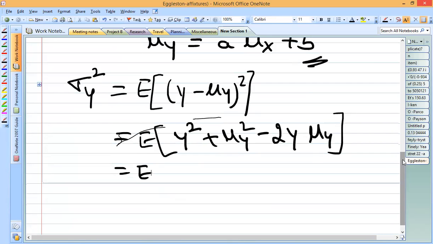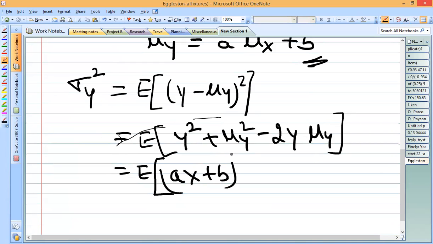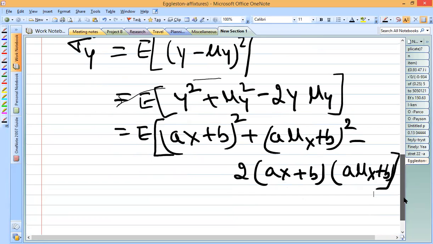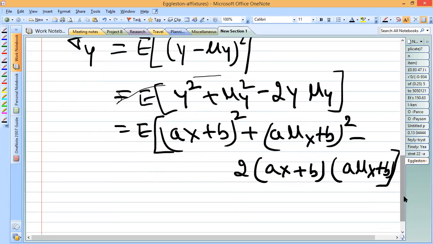Substituting, we can write that as ax plus b whole square plus mu y, which is a mu x plus b, whole square, minus 2 times y, which is ax plus b, times mu y, which is a mu x plus b. You can substitute all the values of mu y as well as the transformation function of y. So y is defined by ax plus b.